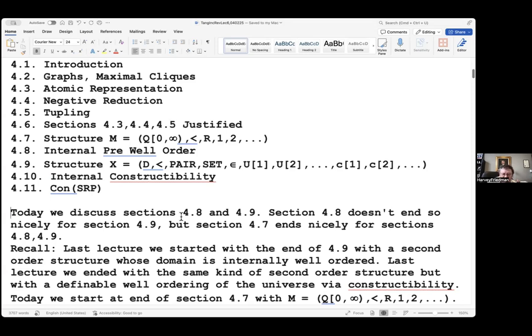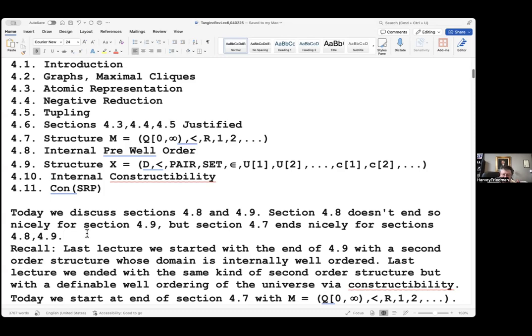I think it's not worth me fixing that so it's smooth. But section 4.7 ends nicely enough to set up for sections 4.8 and 4.9. And you can think of section 4.9 as a continuation of 4.8, really, although I still believe that breaking it up into 4.8 and 4.9 was a good idea.